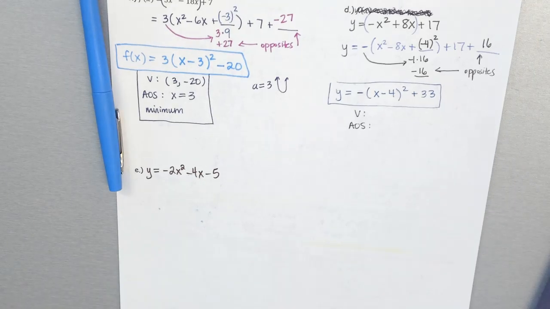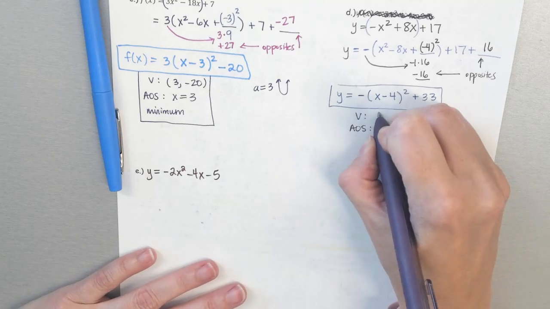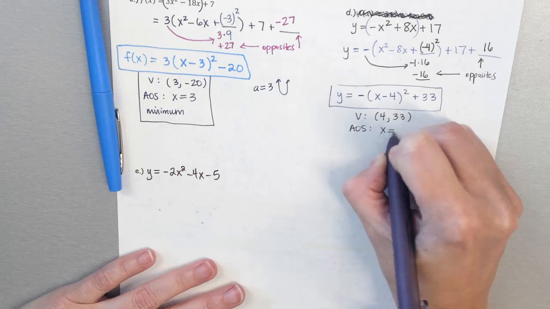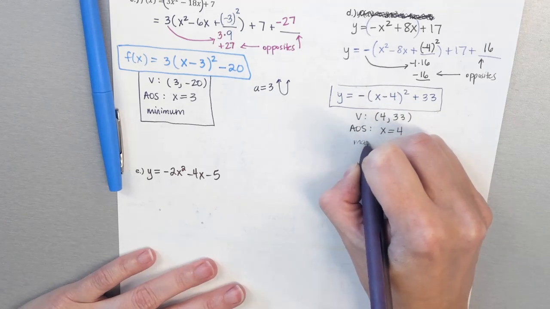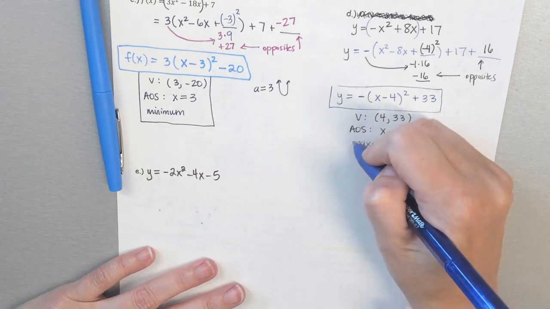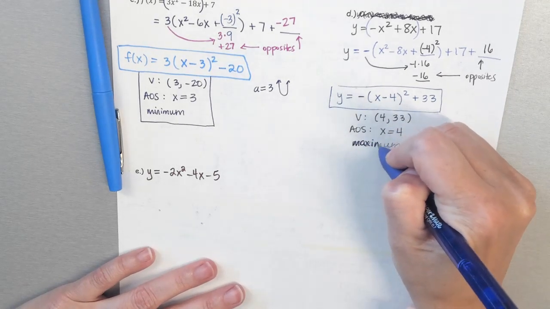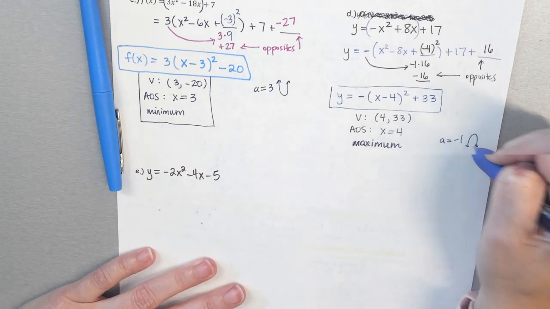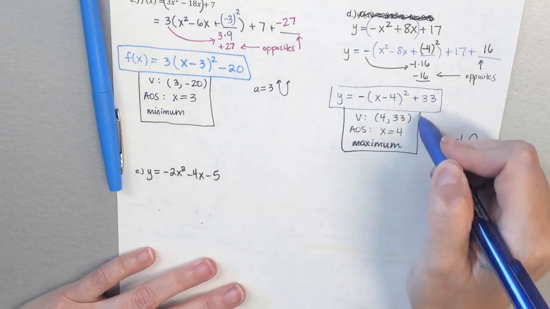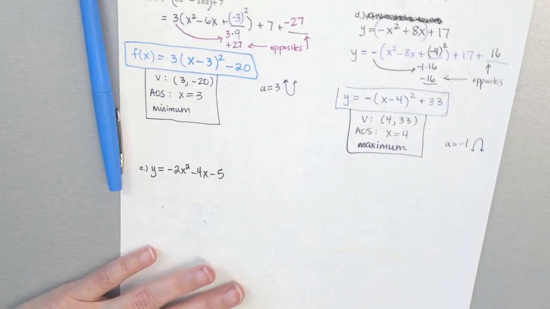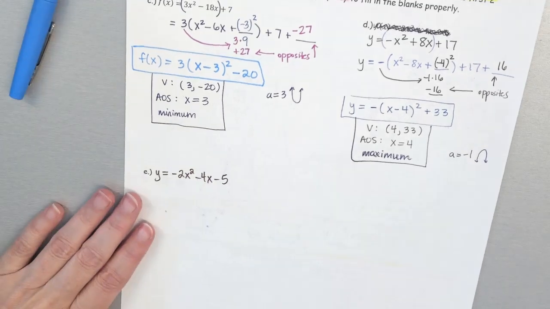And then once you've done that, you can start part B. So we finally have a maximum because our A value is negative. So then it opens downward. Okay, notice that this value outside does not affect the vertex. It does not affect the axis of symmetry.